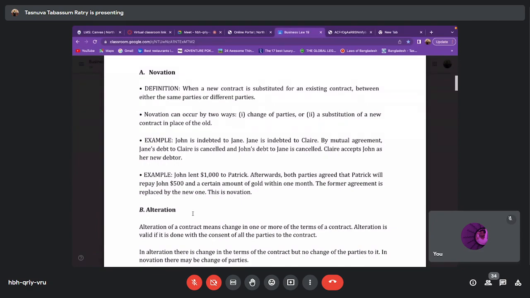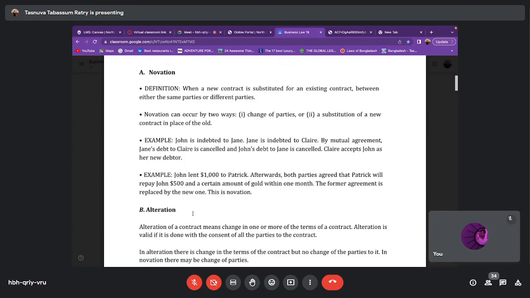Okay, he does not have the money he borrowed, but according to the contract he has to repay it by 31st January. Now he tells Patrick, well, let's form a contract where I'll give you $500 in cash and the rest I will give you through gold. So a certain amount of gold and $500 of cash, totaling approximately $1,000, will be repaid within a month. Okay? So what has happened here?